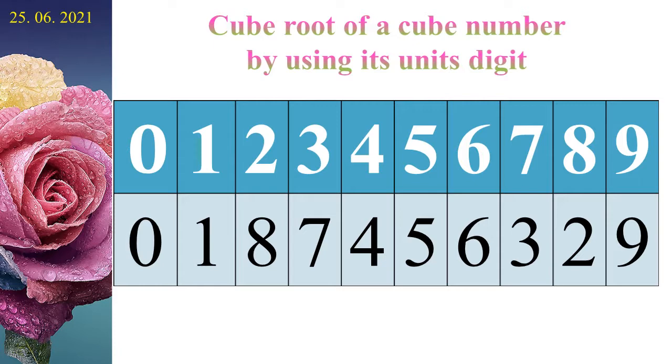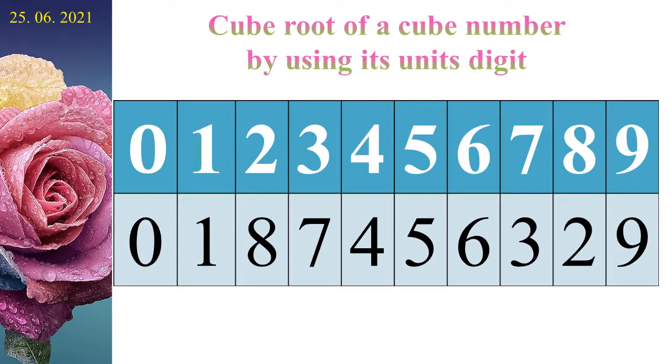If the units digit of a cube number is 3, the units digit of the cube root of the number is 7. If the units digit of a cube number is 4, the units digit of the cube root of the number is also 4. If the units digit is 5, the units digit of the cube root is also 5.